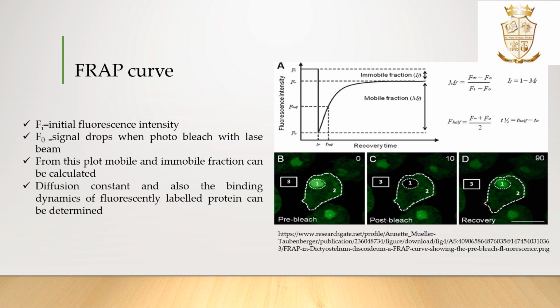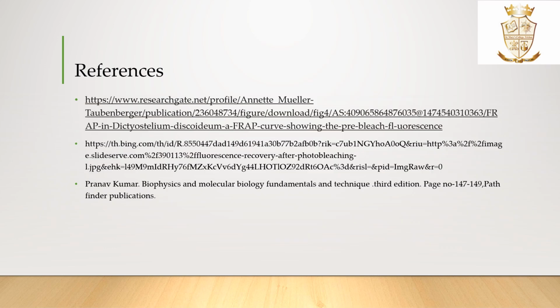Using this plot, we can calculate the mobile fraction and immobile fraction using the formula shown in the picture, and a diffusion constant can be calculated by measuring the radius, and the dynamics of the fluorescently labeled protein can also be determined. Here is the picture representation of pre-bleach, post-bleach and recovery. Here are the references.